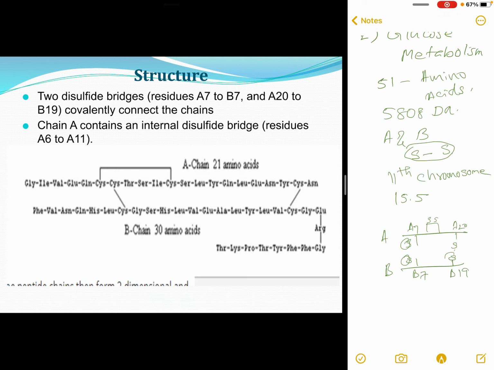Altogether, all 6 sulfur atoms in human insulin are involved in forming disulfide bonds. The A chain and B chain are put together by these 2 disulfide bonds, and the internal disulfide bond is between the 6th and 11th amino acids, so between A6 and A11 in the A chain.